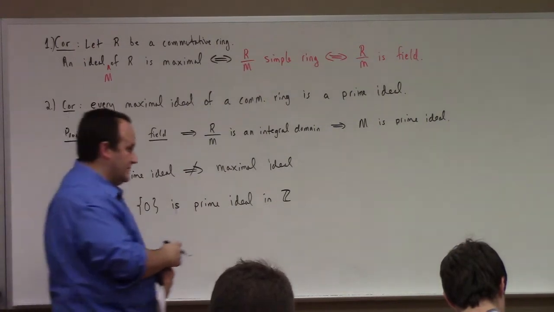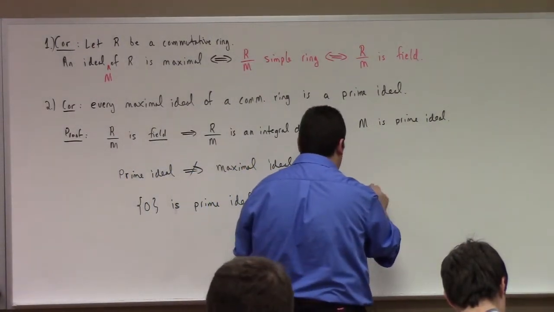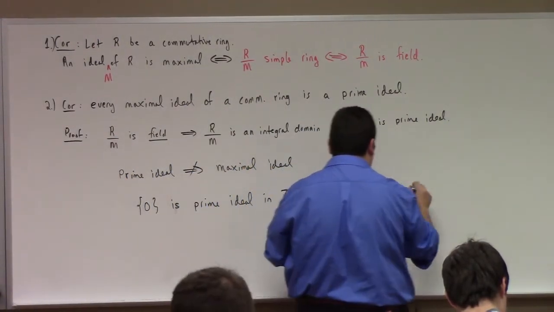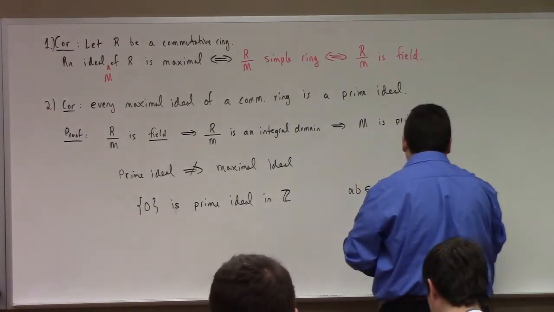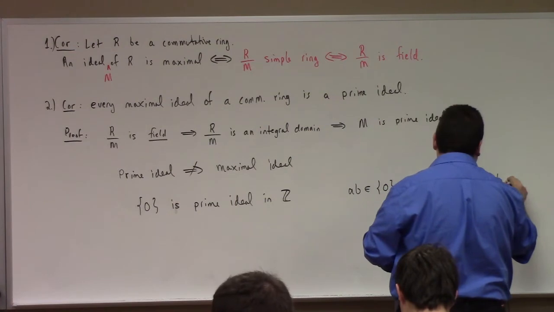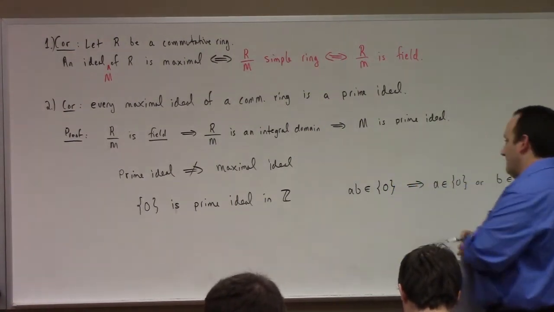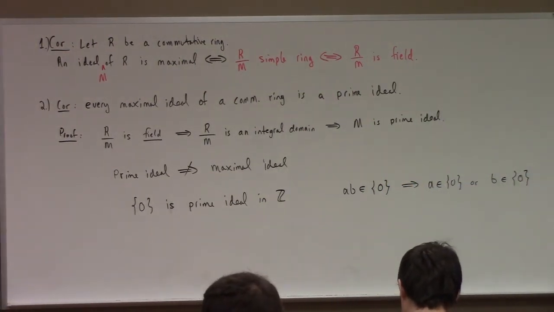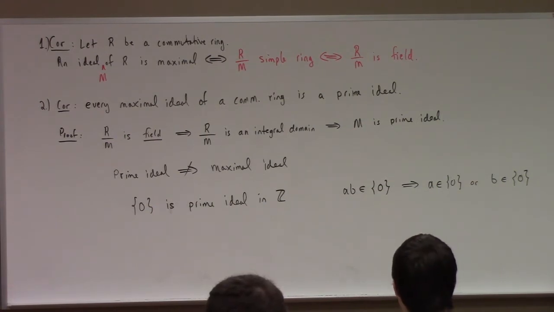How would you do it? Suppose AB is in 0. Does that imply that A is in 0, or B is in 0? I mean, the zero ideal only has 0 in it.